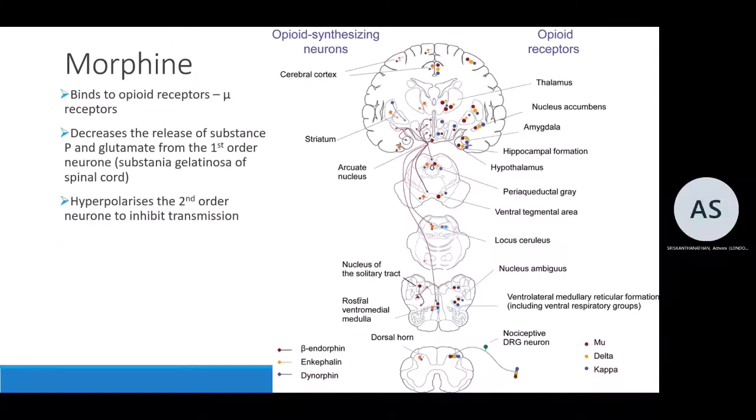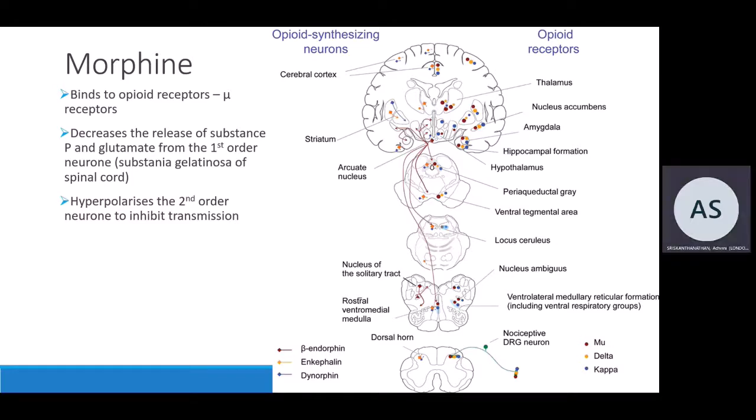And just quickly going through the way morphine works. This is basically how your endogenous opiates work, so morphine just mimics it and acts on the same receptors. Your mu receptors are the main one that it acts on. It aims to decrease the release of substance P and glutamate from all your first order neurons in the substantia gelatinosa of the spinal cord.